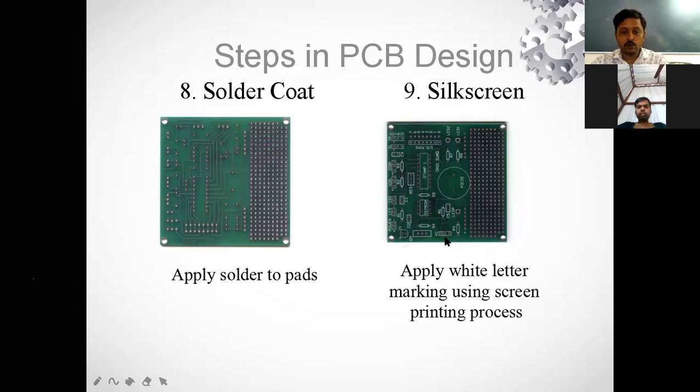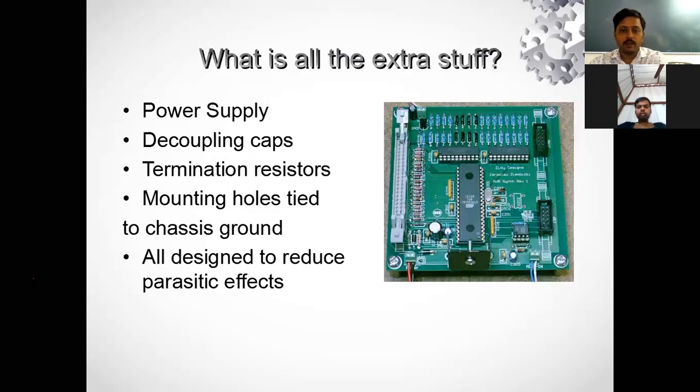So it is easy to understand by using this nomenclature. You can apply white letter marking using the screen printing process. This is also another process which can be used after the soldering is done. Finally we are going to get a printed circuit board after inserting the different components on it like this.